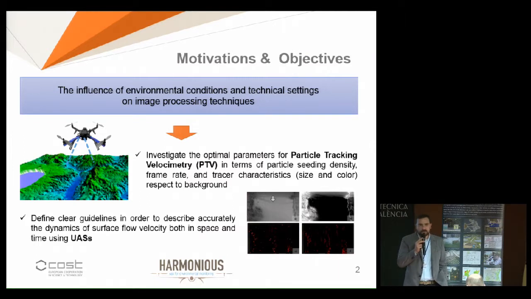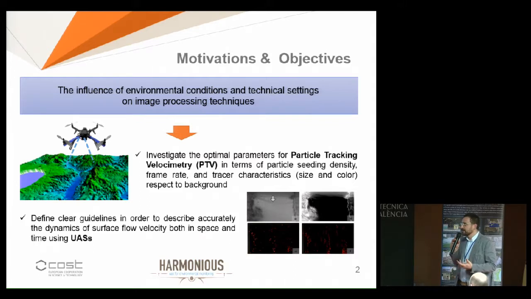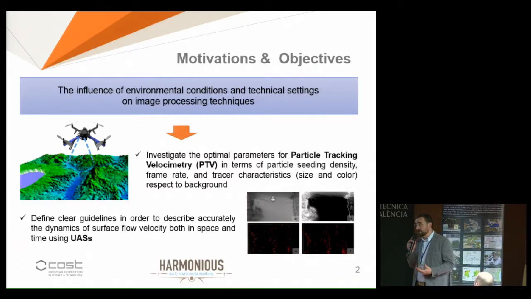Probably what we do not fully know as an audience is that the surface flow velocity may be extremely useful also to get information about the flow discharge. And I will tell you why. There is a huge amount of literature studying the flow velocity profile within the cross-section.